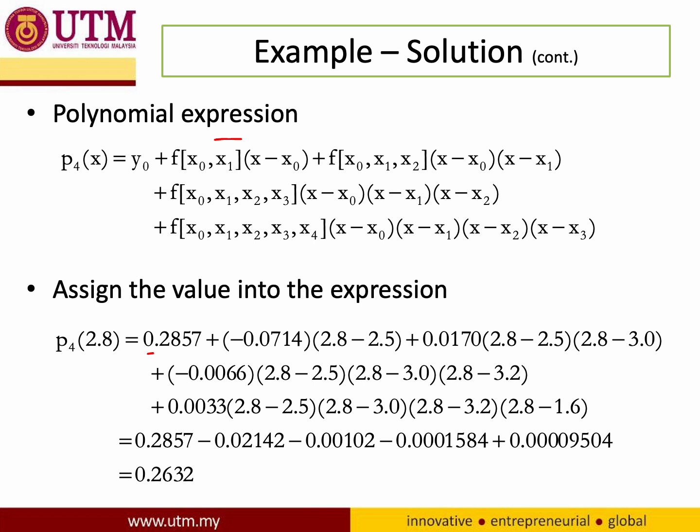So this will be it. So we have the first point, 0.2857, second point from the second column, this one and this one. So we have 1, 2, 3, 4, 5, right? 5 points that we can use in our polynomial based on the table before. So you do the calculation and then you get your answer here for the P4 of 2.8.